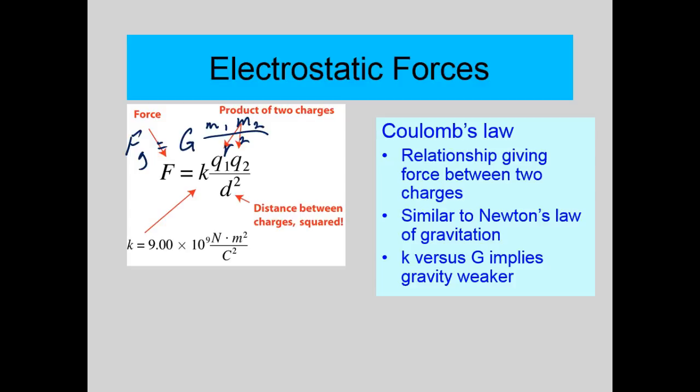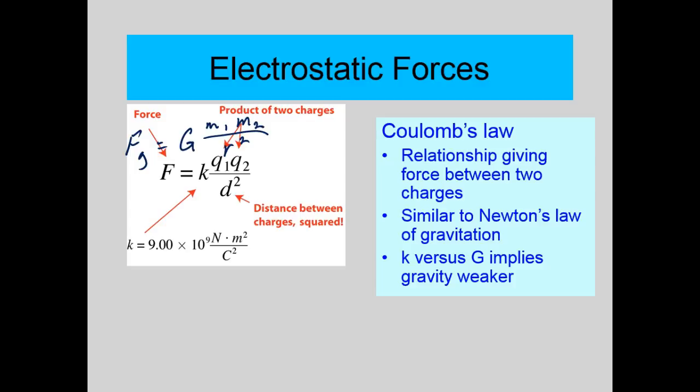Now, what they show in the next slide is the comparison of K versus G. Now, this is a very fair comparison because, number one, the gravitational field forces, usually you're dealing with huge, huge masses, okay, but also pretty large distances. So those kind of cancel each other out.